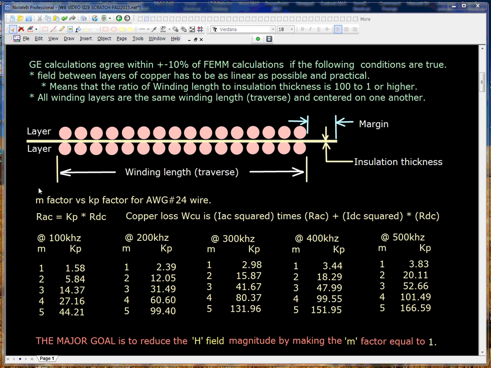Now, what's very important is a parameter called the M factor and the KP factor. For this discussion, the major goal is to reduce the H field magnitude, which we define for you, by making the M factor equal to 1 for all layers.